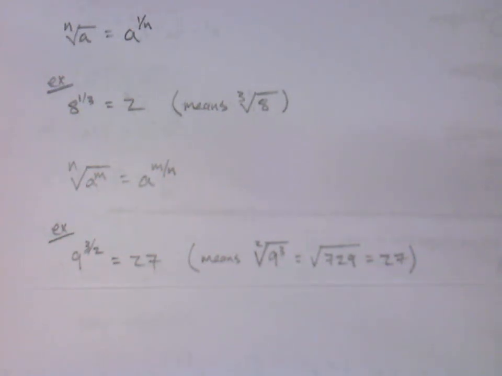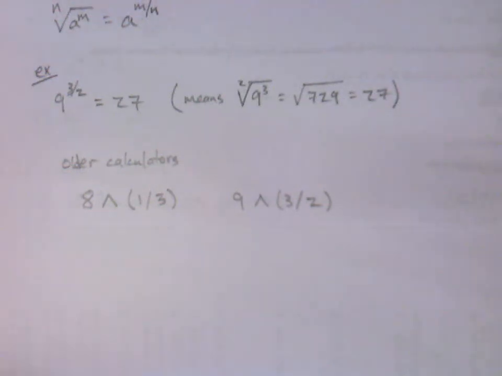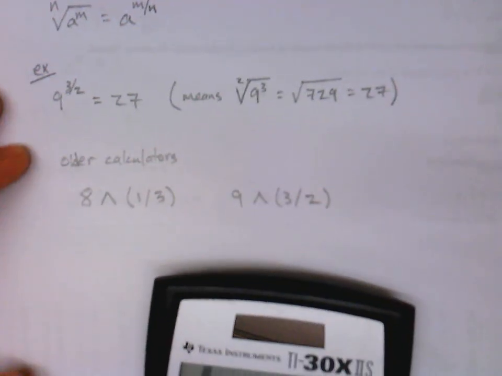So if you've got a more modern scientific calculator, you can type these exponents in, the fractions in, really easily. If you've got a slightly older calculator, you've got to be a bit careful. I happen to have an older calculator here to demonstrate.